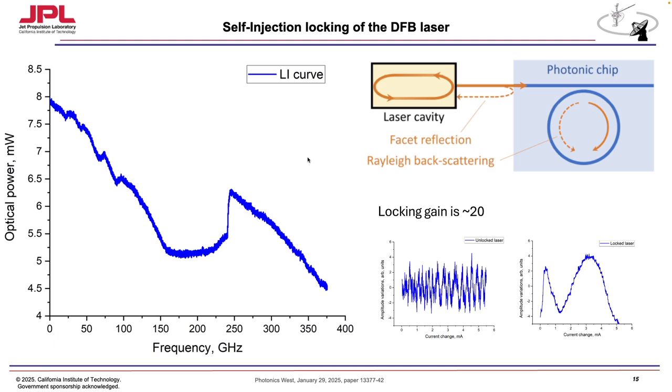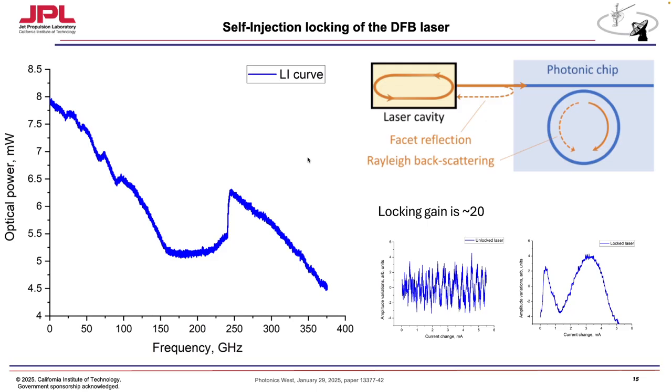We were able, as I mentioned, to observe self-injection locking. This picture explains it. We have a laser which is noisy, and this laser shines in the cavity. The cavity has low Q, so still some light penetrates it, and when we hit the mode, light scatters due to internal inhomogeneities in the cavity, so-called Rayleigh scattering. It happens at the same frequency as the cavity mode, and it locks the laser to the resonator.